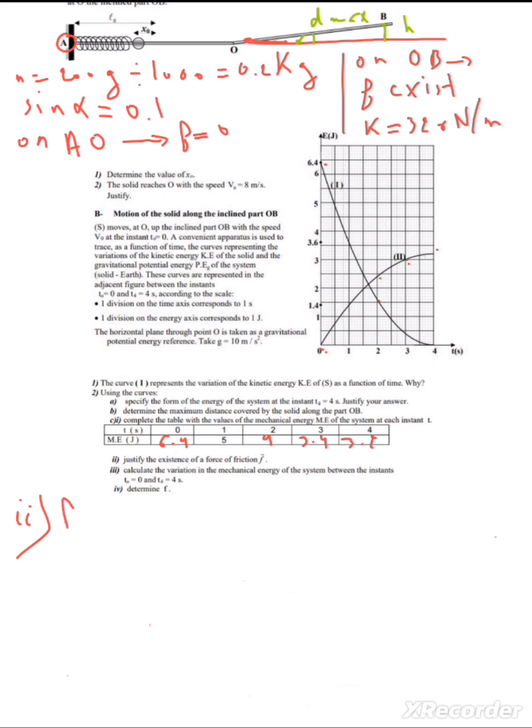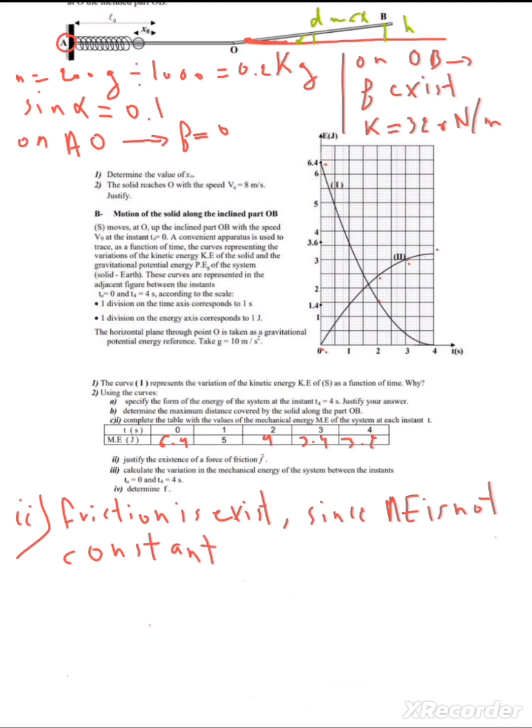So friction exists since the mechanical energy is not constant, is not conserved. It decreases with time.